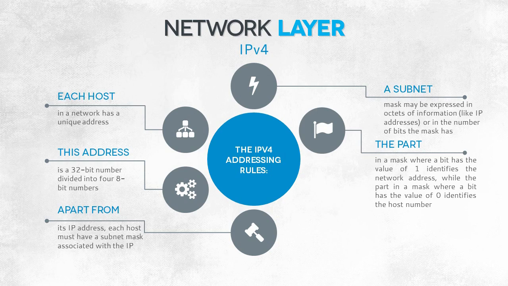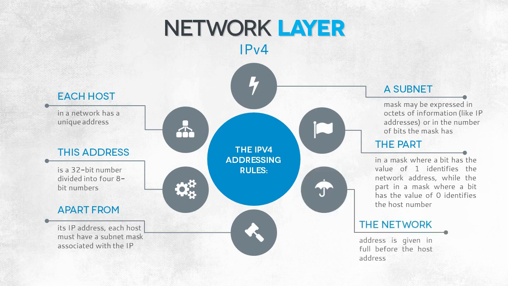The mask is usually given in bits. Usually the bits for the network address are all set to 1. The last principle of the IP version 4 addressing is the network address must precede the host address. In the mask, all number 1s must come before the first 0.